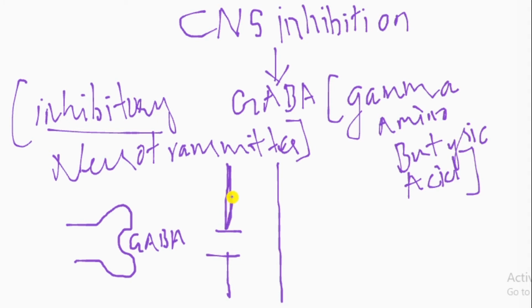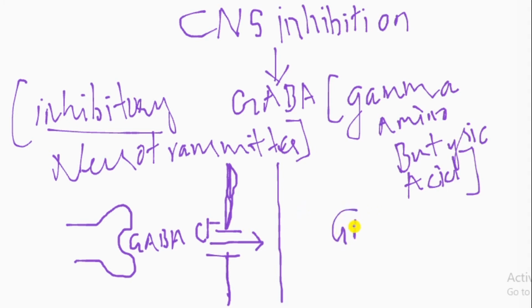I already said how an action potential occurs: due to the influx of sodium, which leads to a high amount of positive charge inside the cell. GABA opens a channel receptor.